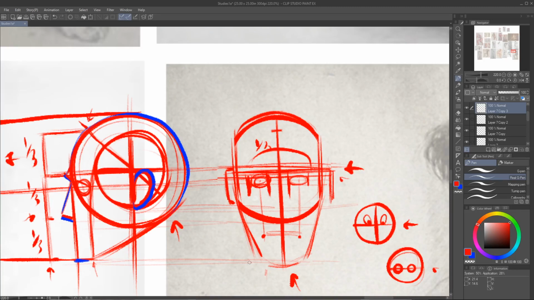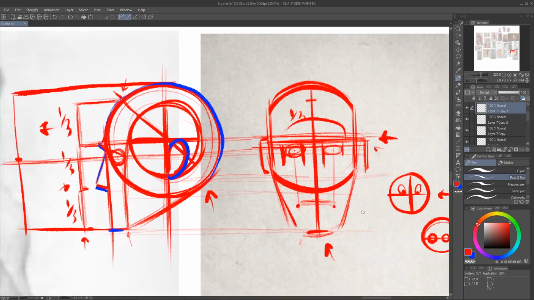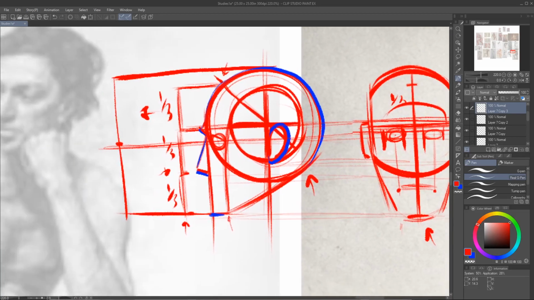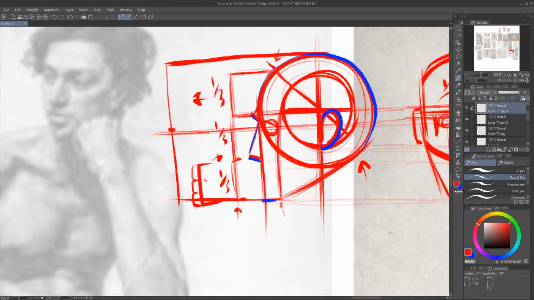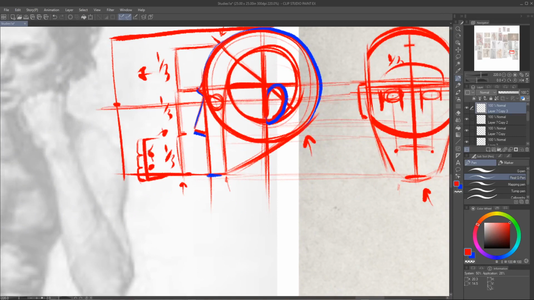Of course, my mouth position is a bit off because I haven't measured that. In order to place the features in here, you further break down the mouth area into thirds. I think the top of the lip would be there. The divot for the chin would be there. Something like that.